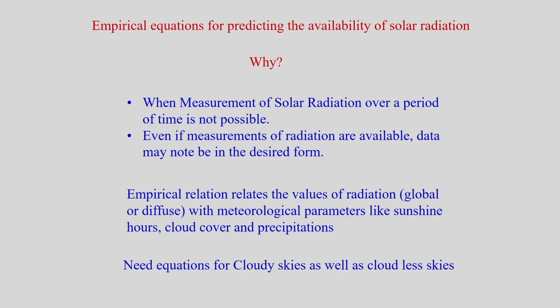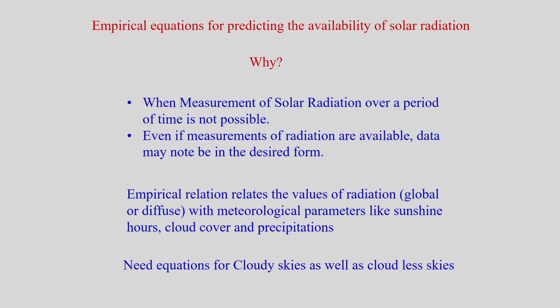And sometimes we have global radiation, but we need to know the percentage of diffuse radiation and percentage of normal radiation in the global radiation. So, in order to calculate those parameters, we need to depend on correlations which relate the radiation data and other meteorological data, something like sunshine hours, cloud cover and precipitation. So, that way we can develop correlations to estimate solar radiation data for a particular location.